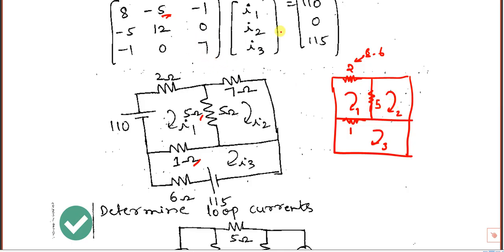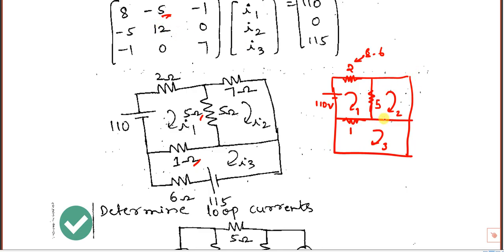Next, coming to the voltages. Voltage is plus 110. So you have to write it here. While writing KVL it is minus, and bringing it to the right side means plus 110 volts. Next, coming to mesh 2. In mesh 2, there is no voltage. Voltage value is 0. Common to 2 and 1 is 5. The sum of resistance in mesh 2 is 12.